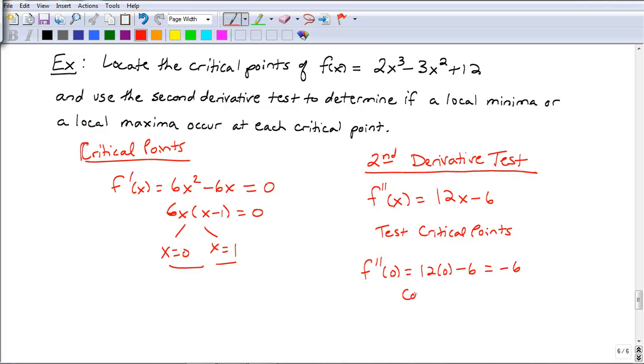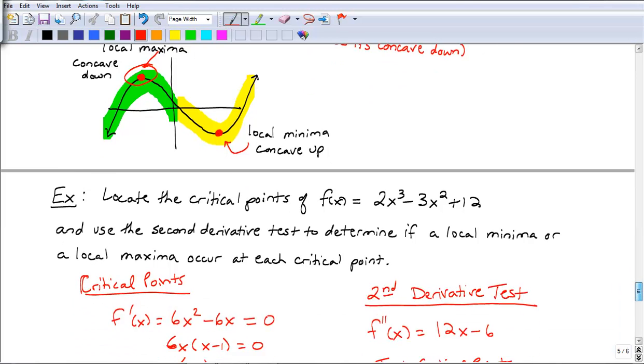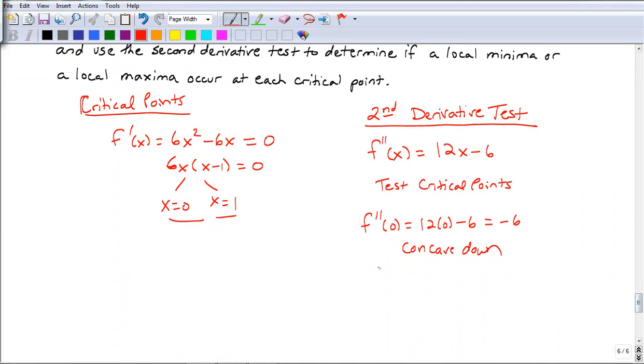That tells me it's concave down. So at that critical point, the graph is concave down. So it has to be a maxima, since it's concave down there. It has to be the top of the hill. So there has to be a local maxima at x equals 0. At that critical point, it has to be a maxima.